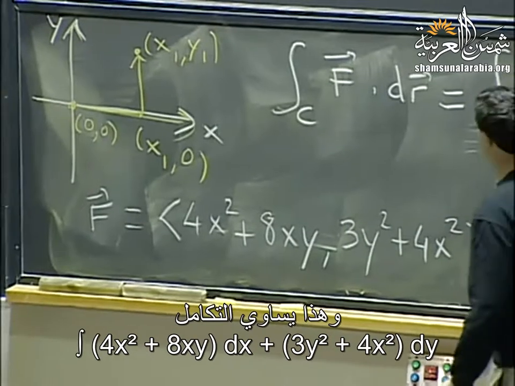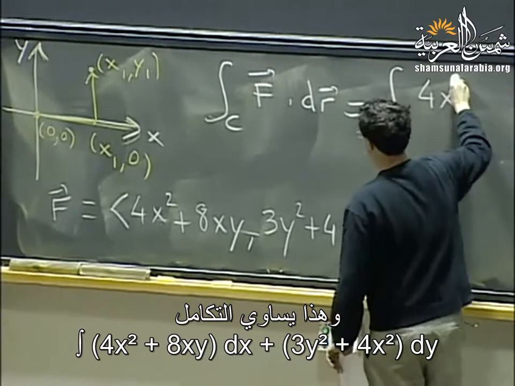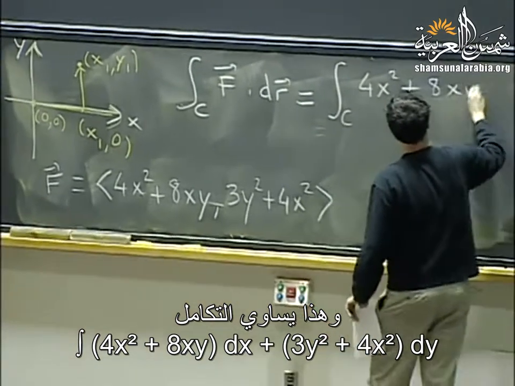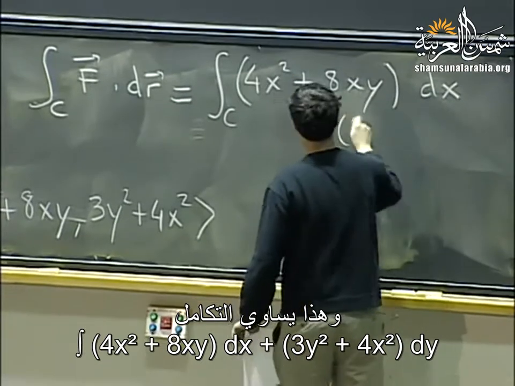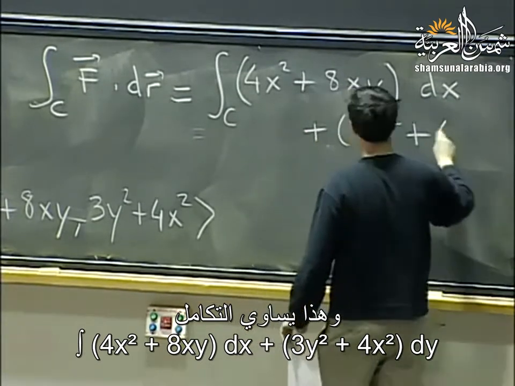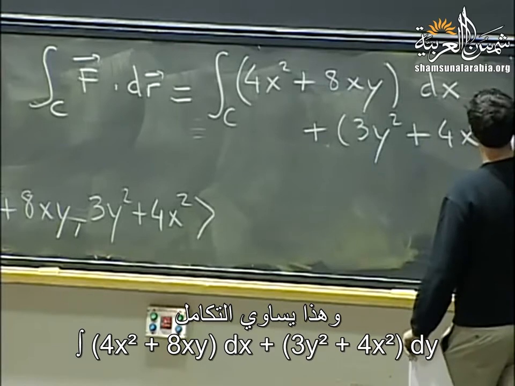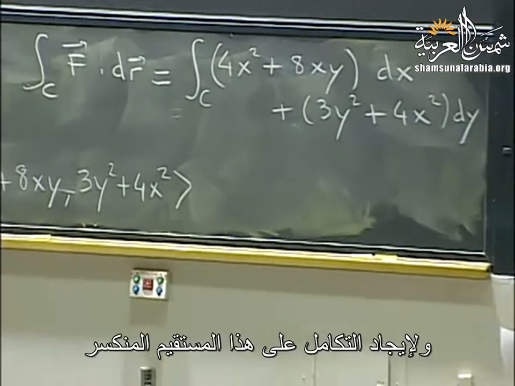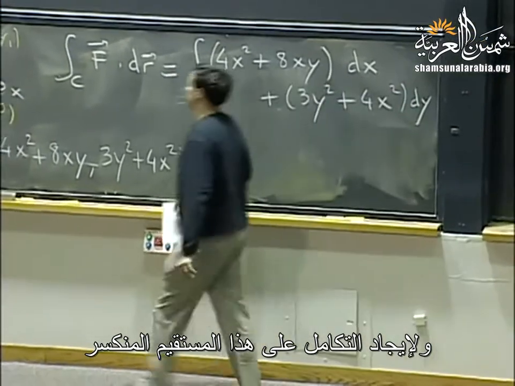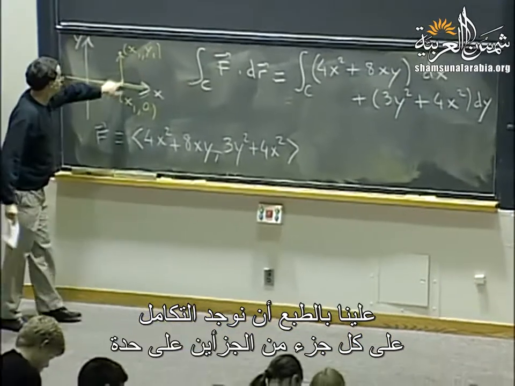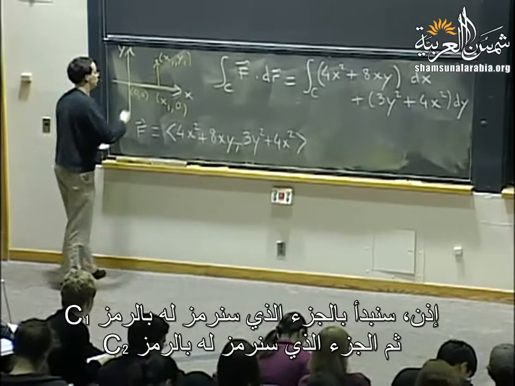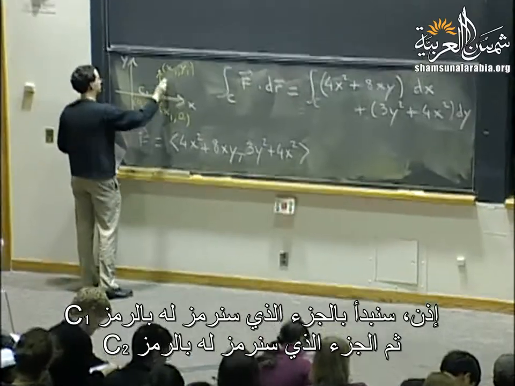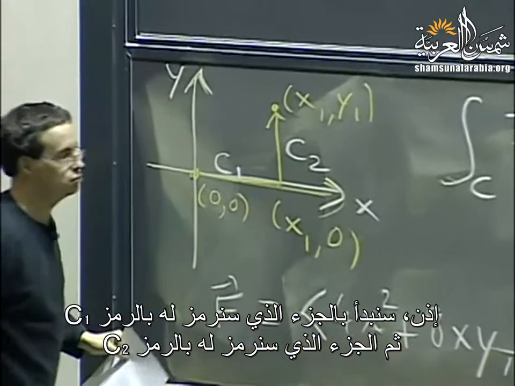So that will become the integral of 4x squared plus 8xy dx plus 3y squared plus 4x squared dy. Now, to evaluate on this broken line, I will, of course, evaluate separately on each of the two segments. So I'll start with this segment that I will call C1, and then I will do this one that I call C2.